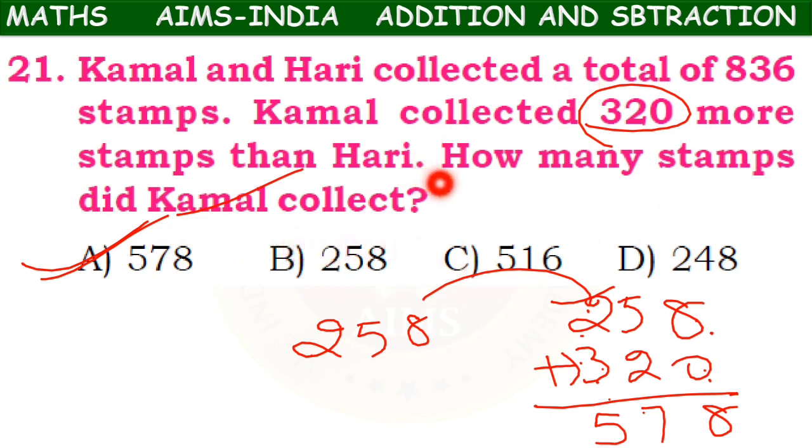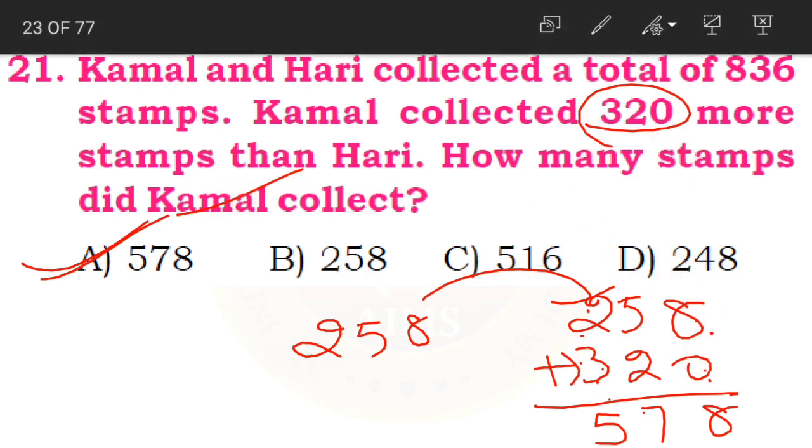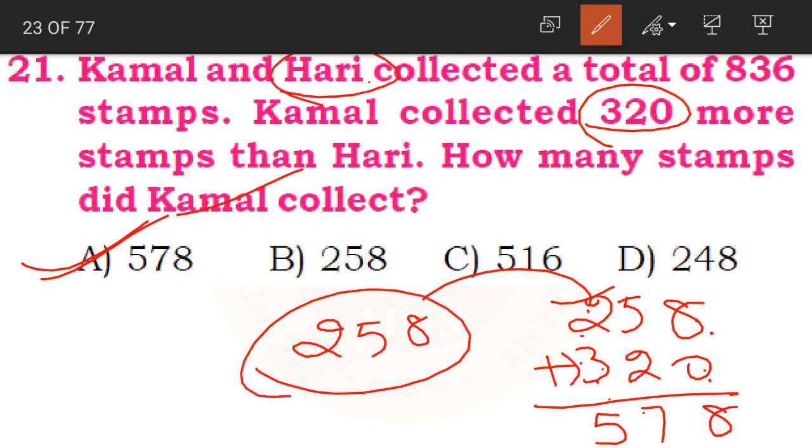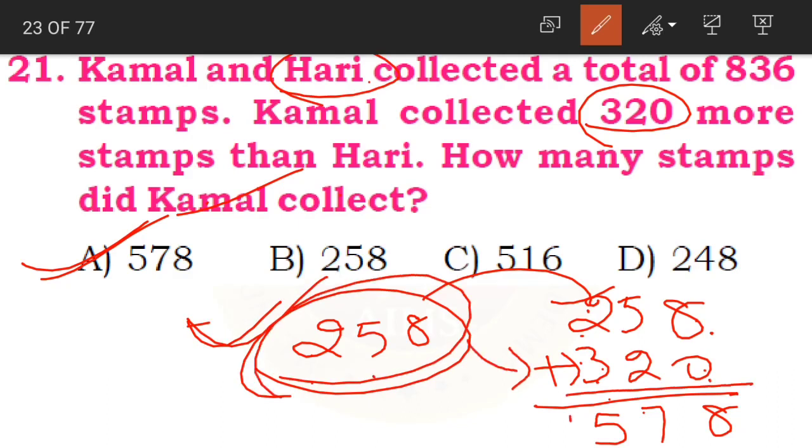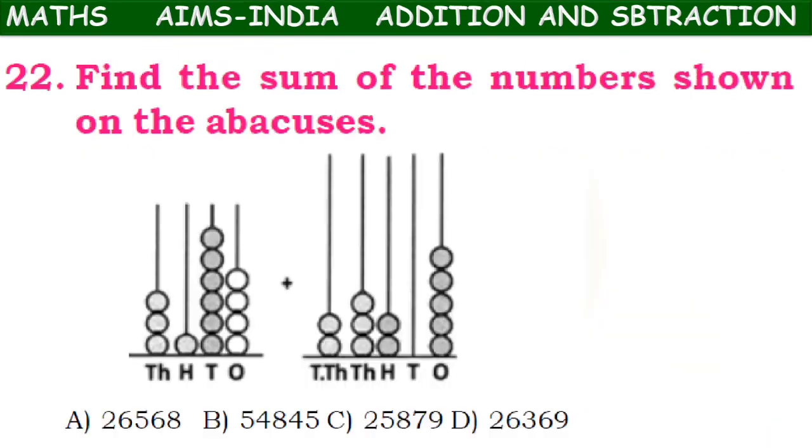Okay children, whenever such a question is asked, subtract the extra from the total and then divide the difference by 2. Here there are 2 people, so dividing it by 2 and adding the extra to it, we will get how many stamps Kamal collected. Now how many stamps did Hari collect? 258. Yes. Now when we add 320 extra to it, we will get the number of stamps collected by Kamal. I hope this was clear.